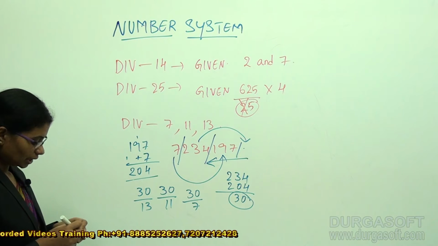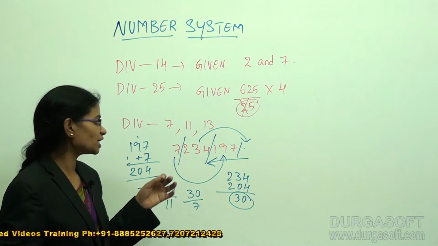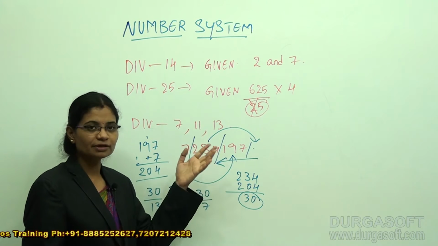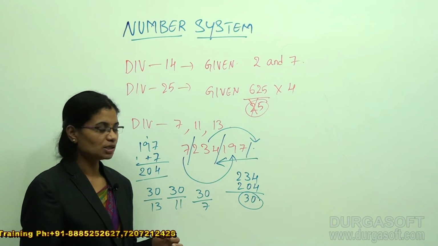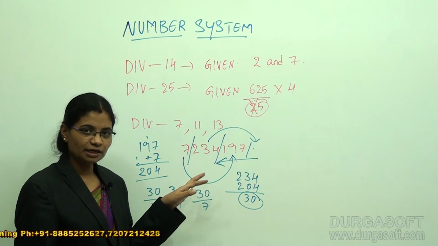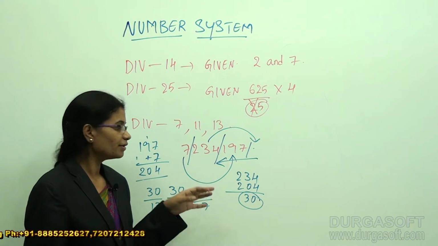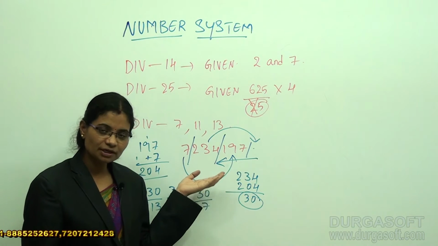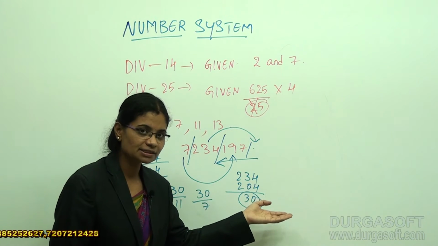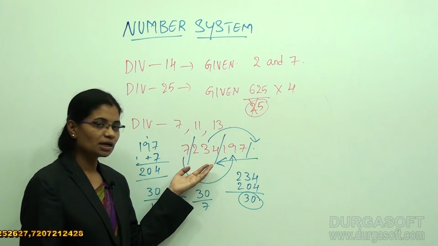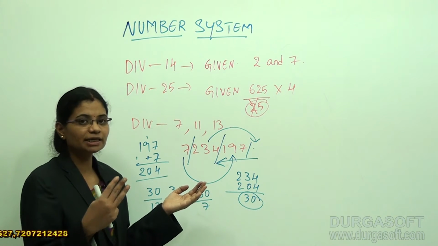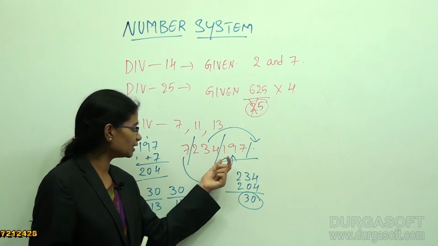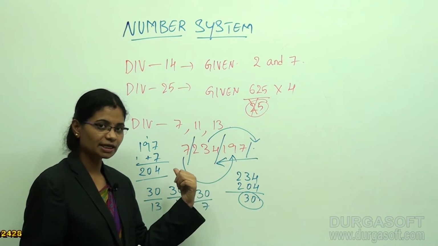It is difficult for us to check whether this complete number is divisible by 7, 11 or 13 in limited time. So to avoid such long calculations, we minimize it like this. Take the given number, start from the right hand side, and divide the numbers into compartments of 3 digits each.